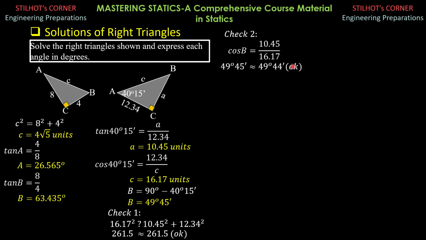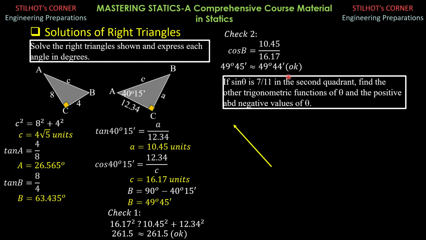That is still okay, because take note that we have rounded off values for A and C. They are not accurate, but rounded off to two decimal places only. If you rounded that off to four decimal places, the answer would have been equal. But anyway, practically they are equal.